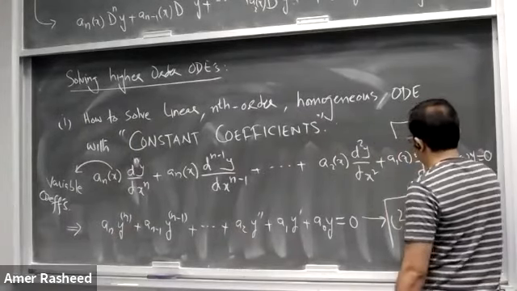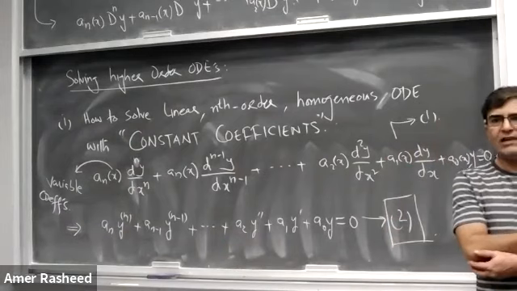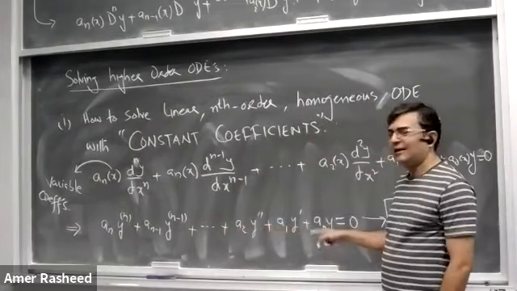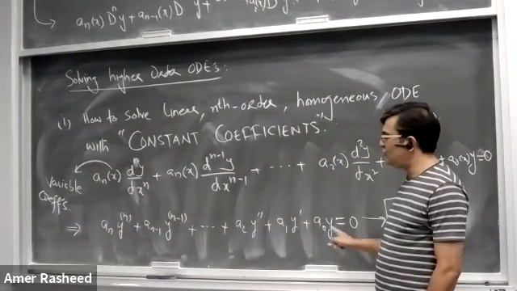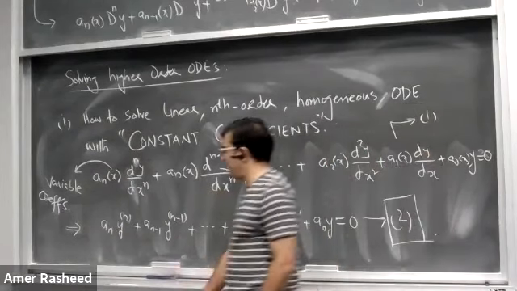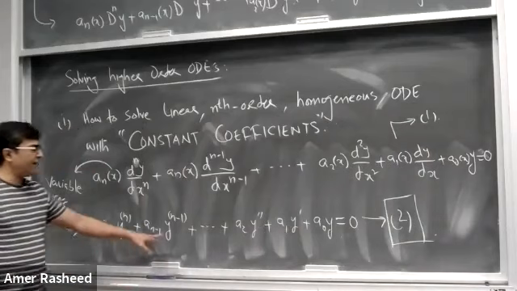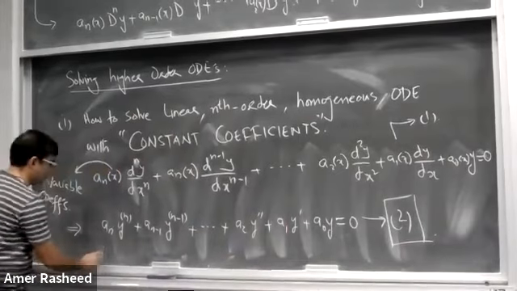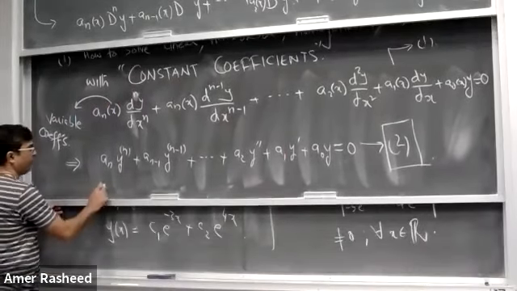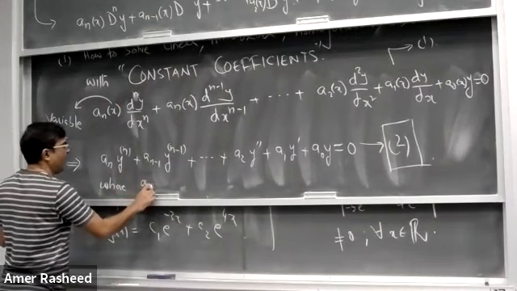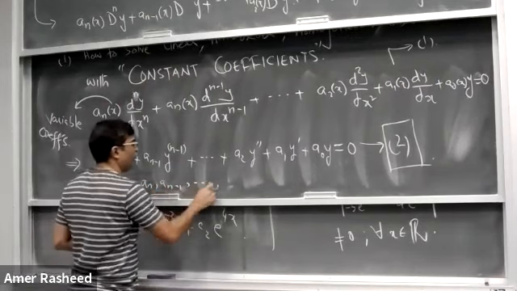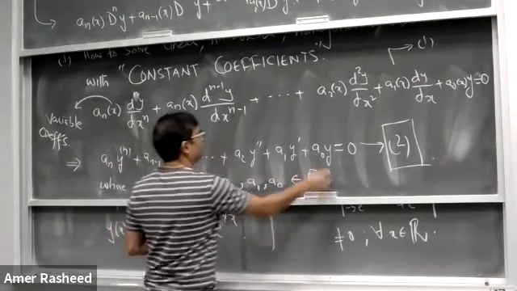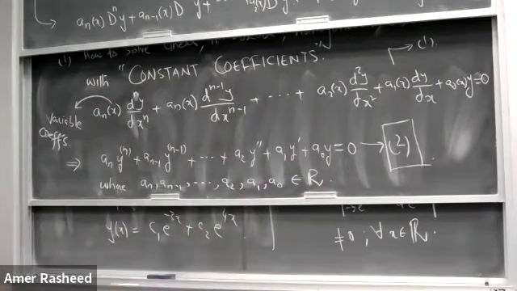Now we are going to discuss how to solve equation 2, the nth order linear homogeneous ODE with constant coefficients, where all of a_n, a_{n-1}, ..., a_2, a_1, a_0 are constants, belonging to R. That means they are real constants.